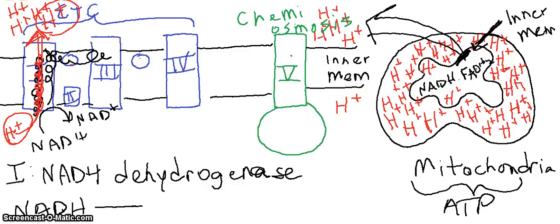Again, we said that there's very few hydrogen ions in this inner matrix space, but there are a handful of them. One of those hydrogen ions again is going to be grabbed in this inner matrix, and when protein pump 3 is activated from the flow of electrons from NADH, it's going to grab hold of this hydrogen ion again and pump it into the outer matrix space.